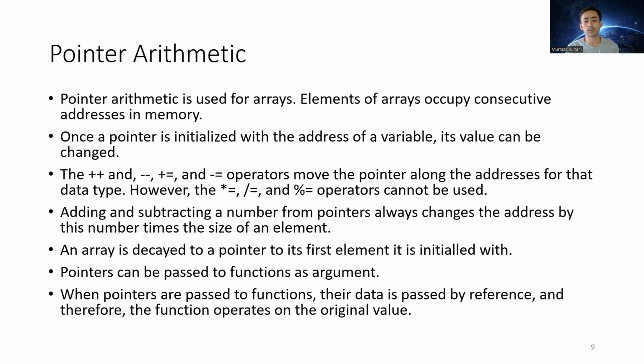Pointers can be passed to functions as arguments. When pointers are passed to functions, their data is passed by reference. Therefore, the function operates on the original value.